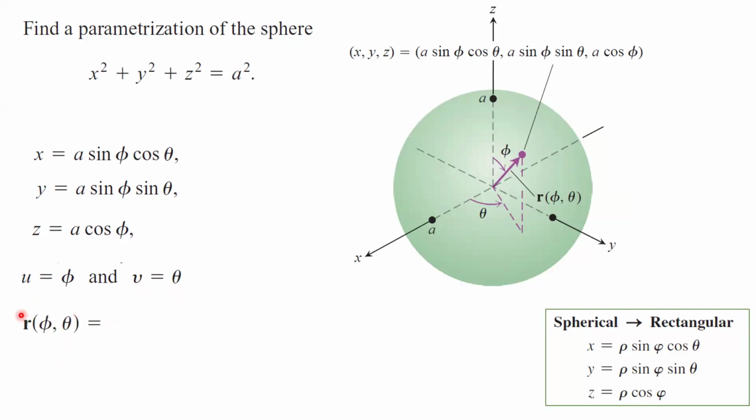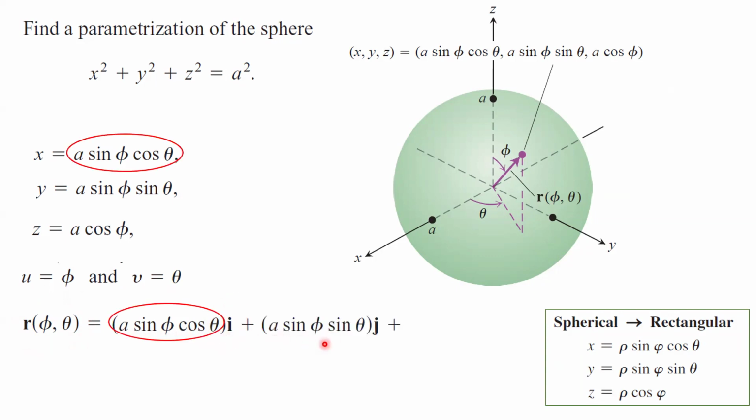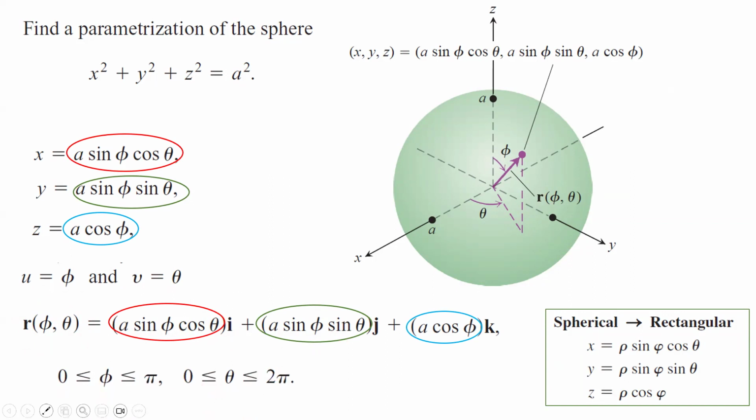So the function connecting phi and theta, or u and v together, is defined as a sine phi cosine theta in the direction of the x-axis plus a sine phi sine theta in the direction of the y-axis, and your z is a cosine phi in the direction of the z-axis. Remember that phi ranges between 0 and pi, and theta is between 0 and 2 pi.